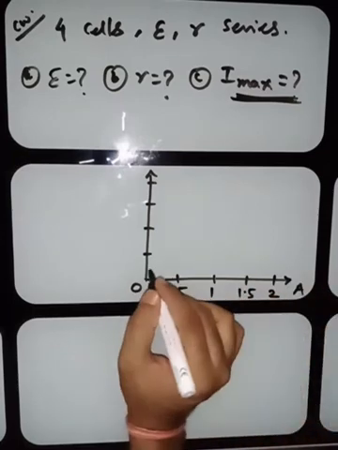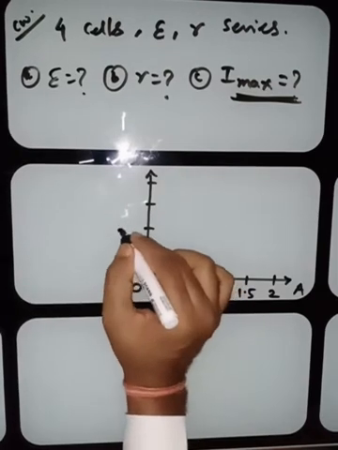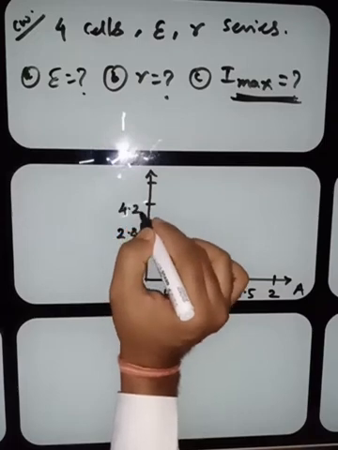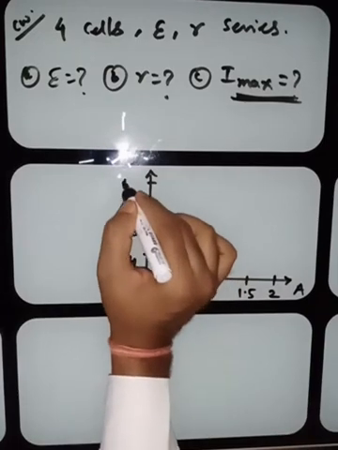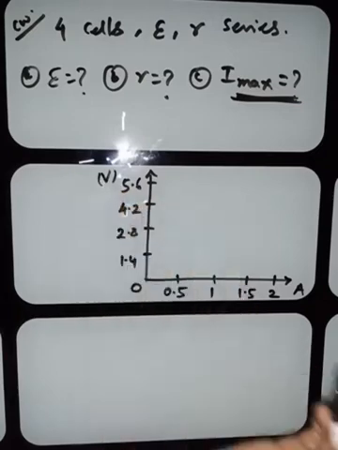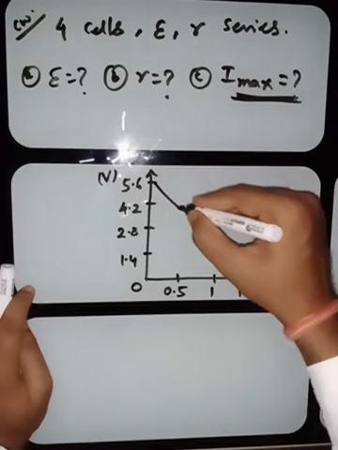Okay, here 1.4, it is 2.8, it is 4.2 and it is 5.6. Okay, it is in volt. It is given, and the graph is like this one.